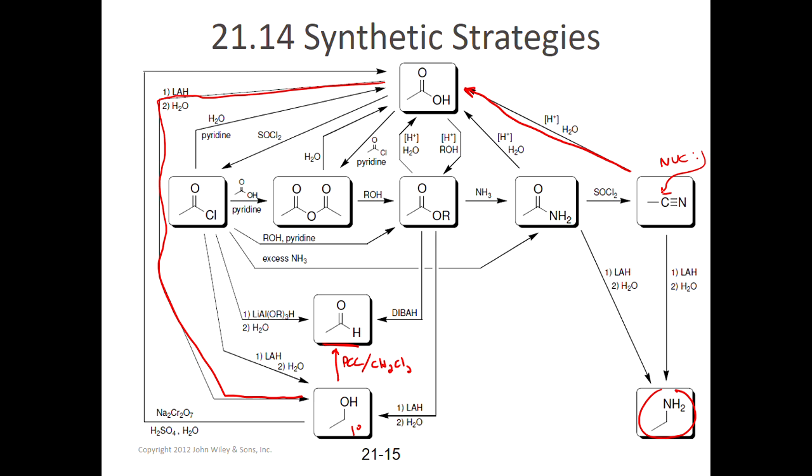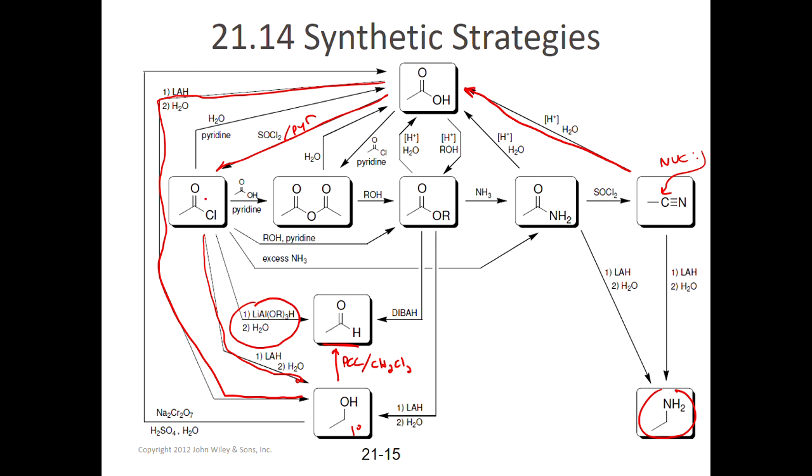Another option is after I hydrolyze the nitrile group and convert it into a carboxylic acid, I could use thionyl chloride and pyridine to make the acid chloride, which then could be converted to the primary alcohol and then PCC. Or, if you recall, we talked about this set of reagents here.